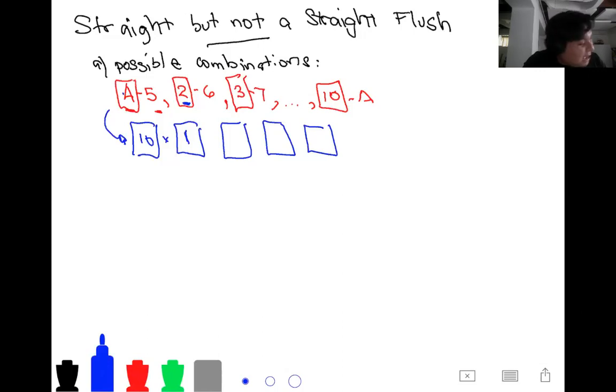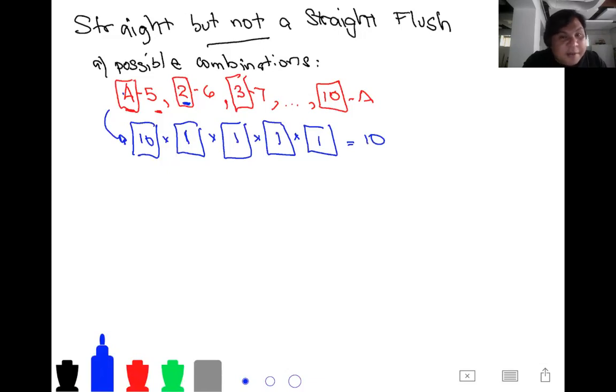Then after that, the next card should be a 4, the next card should be a 5, and the last card should be a 6. So therefore, this one is simply equal to 10. This is the fundamental principle of counting.